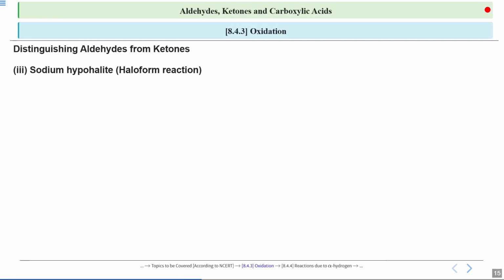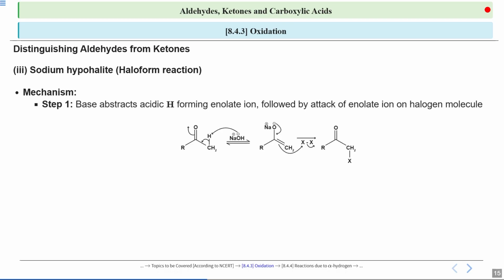Now next we will see the mechanism. Okay, we will see the mechanism of the haloform reaction. So what happens in step 1? The first step involves a base abstracting an acidic hydrogen atom from the methyl group, which forms an enolate ion. If you look at this reaction, you will see that this methyl group has an acidic hydrogen, and a base which is NaOH will abstract this acidic hydrogen.